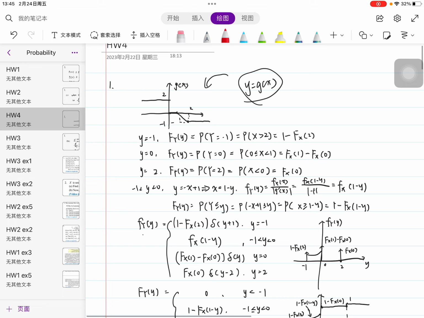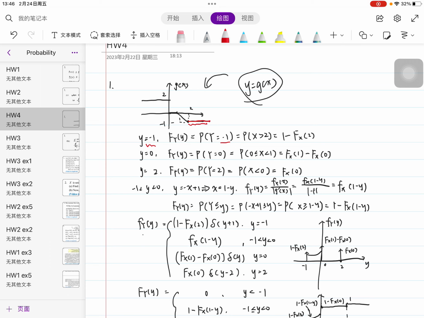The first situation is Y equals -1, and here the distribution function of Y equals the probability that Y equals -1. Y equals -1 is here, right? This right line here.